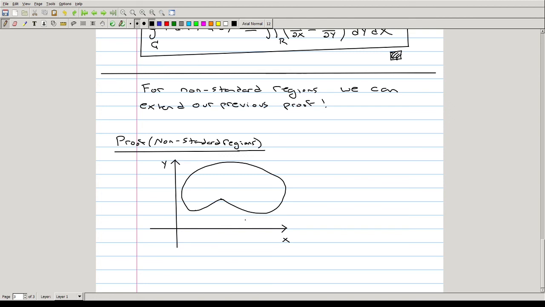So the idea here is the following. We'll introduce a curve gamma that cuts this non-standard region up into two standard regions. Gamma will be parameterized going up in this direction. So this is the cut gamma.